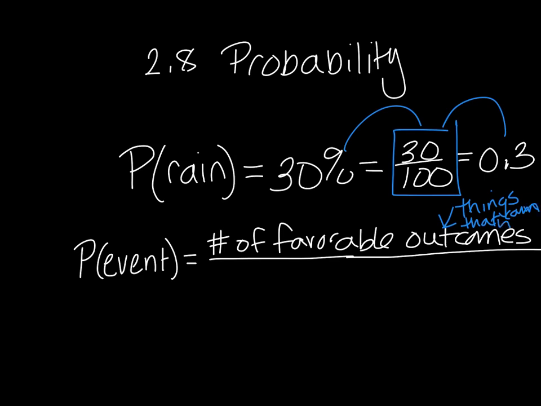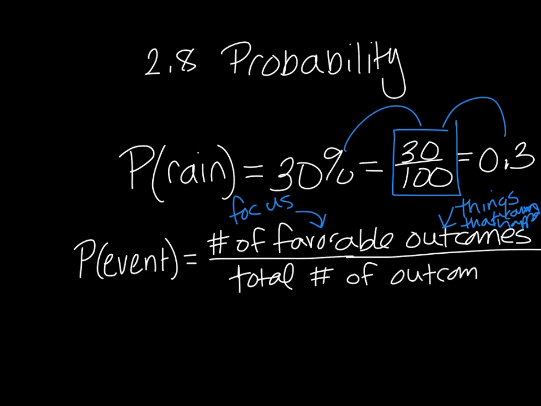And favorable just means what you're focused on. And then on the bottom is the total number of outcomes. So everything that could happen. It rains, it doesn't rain, it snows, it's sunny, it's cloudy. Everything that could happen is on the bottom for the total number of outcomes.